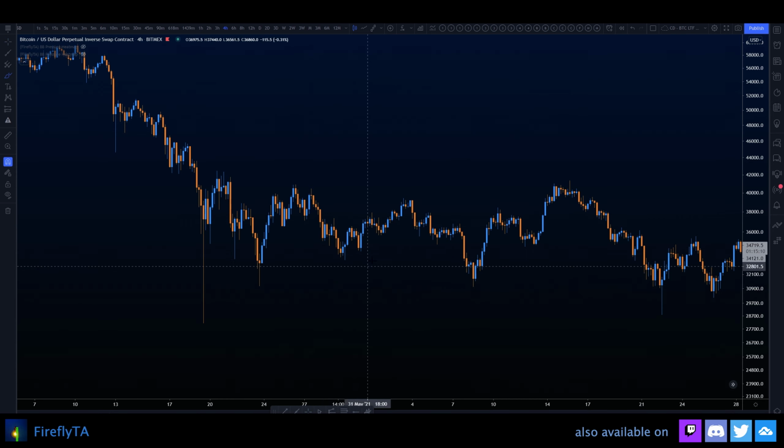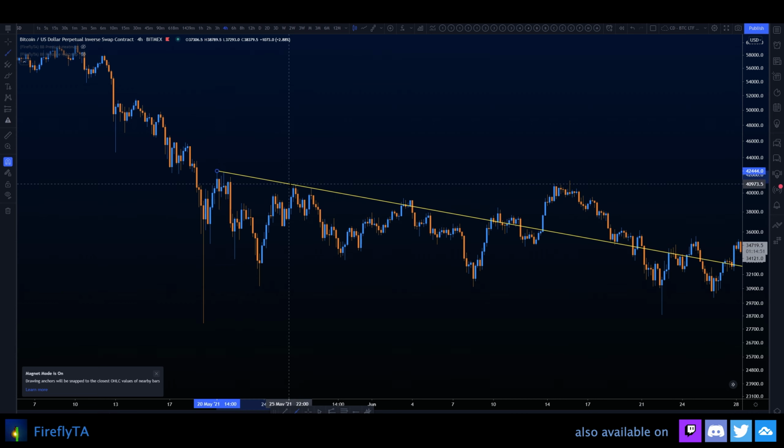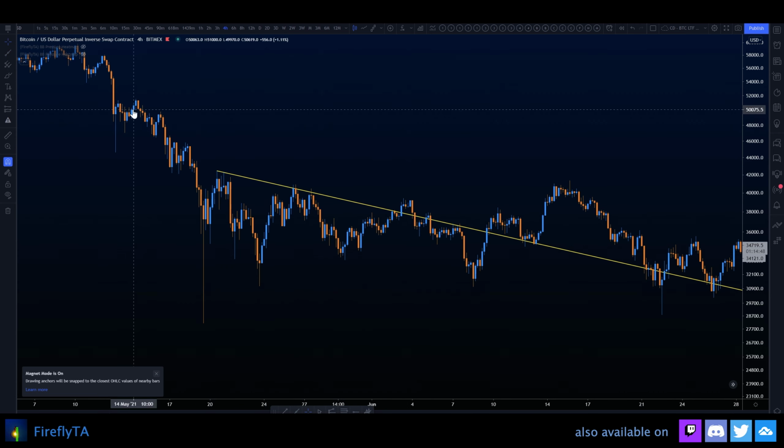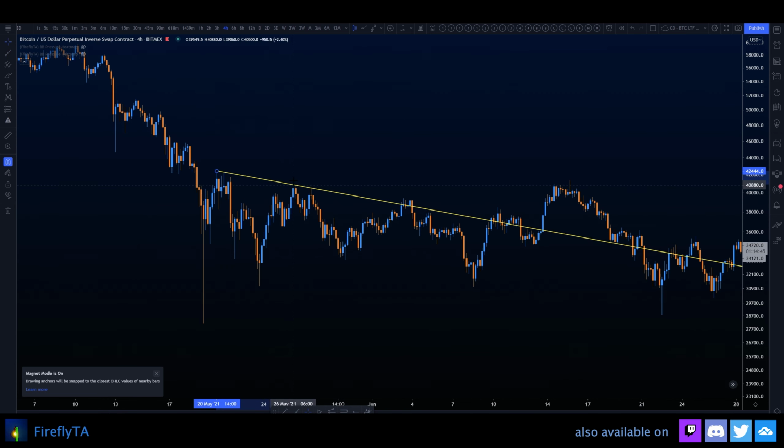Another thing I want to talk about. If you want to find support and resistance trend lines that you can use to visualize your patterns, you can certainly come up with all kinds of approaches. You can connect a wick with a candle body, for example, and do it like this. You can connect a wick with a wick.